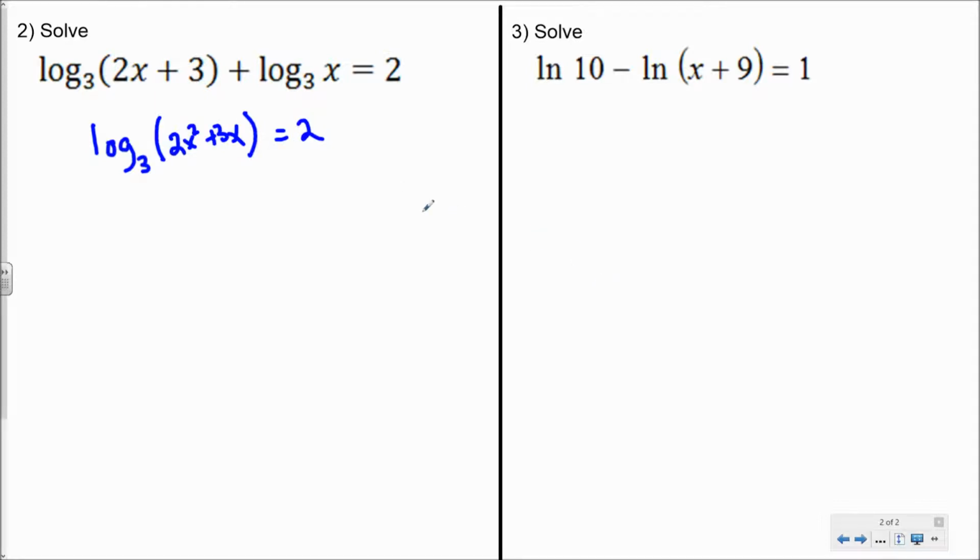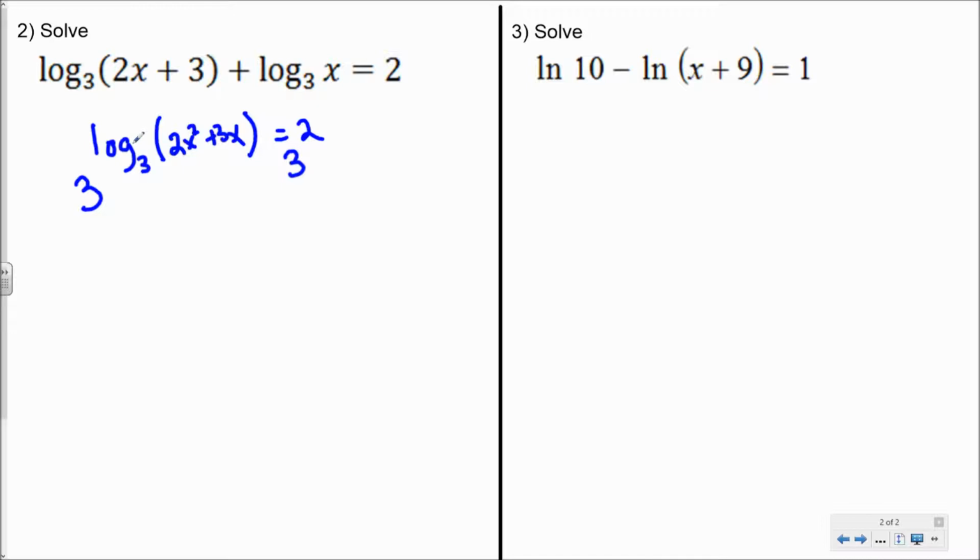Now that I've isolated the logarithm, instead of having two logs, I now have one. I can go ahead and apply the inverse to both sides to get this logarithm to cancel out. So I'm going to exponentiate by 3, raising both the left and right-hand side as the exponent with a base of 3.